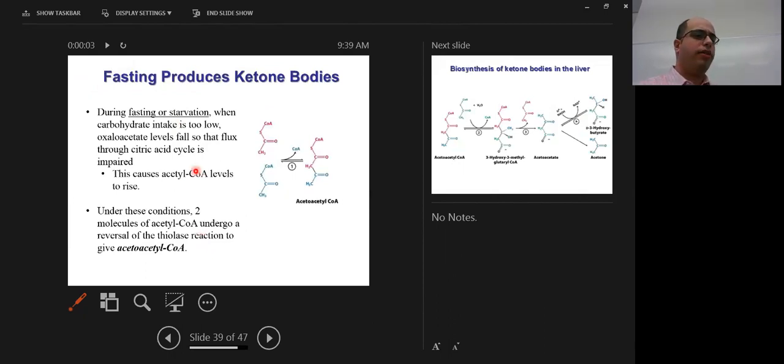And so under these conditions, when you have multiple copies of this acetyl-CoA around, these can then be combined into something called acetoacetyl-CoA. And this is essentially like the reversal of a thiolase reaction. So remember that thiolase reaction, you're cleaving off 2 carbon chunks, whereas here we're putting them right back together. So here we have this reversal of the thiolase reaction.